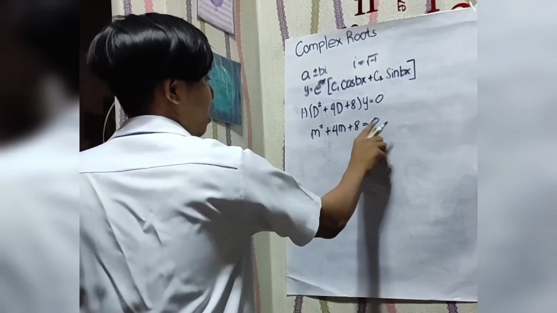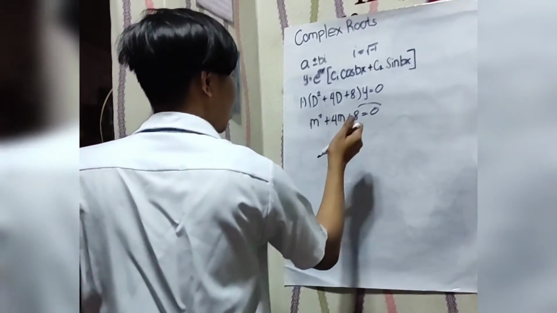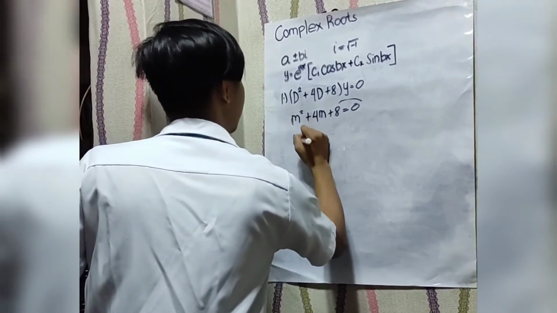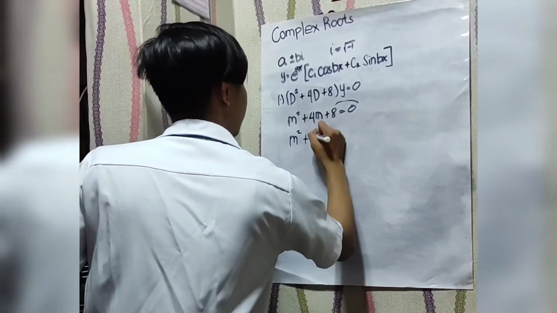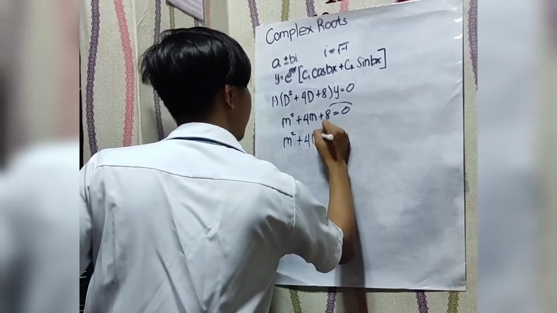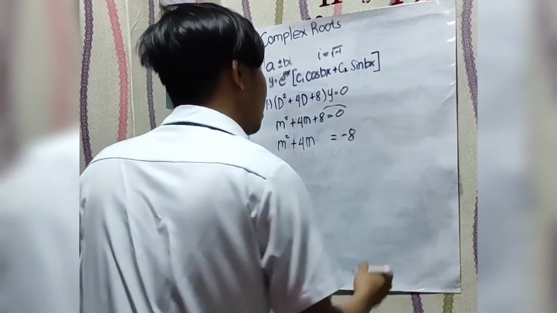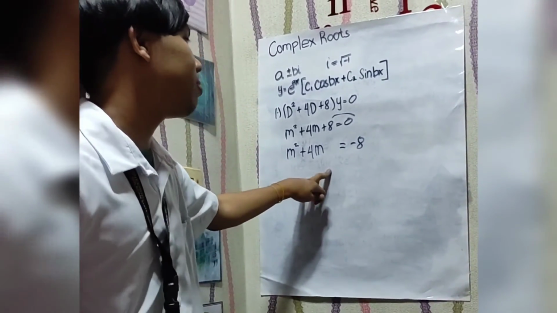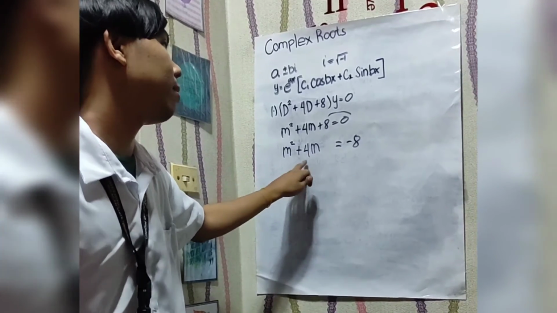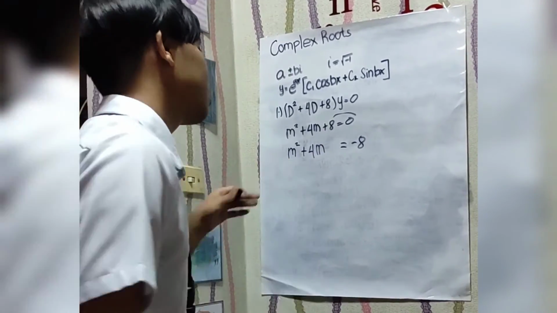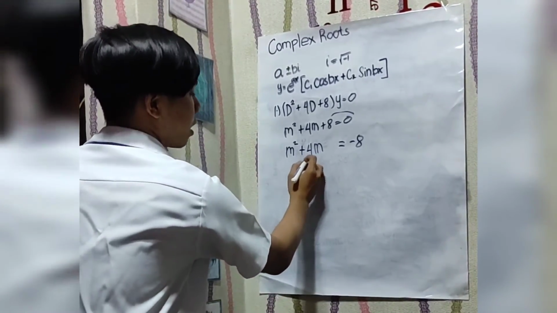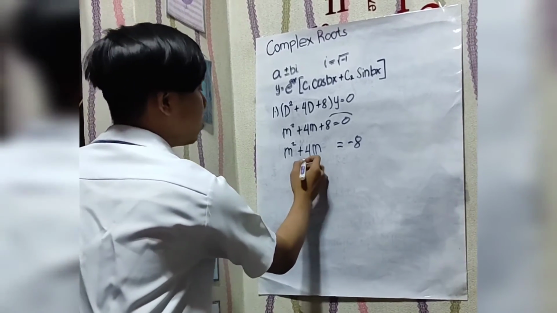Para po sa mas madali po, yung completing the square. Paano po yan? Lilipat po natin to dito sa kabila. So, m squared plus 4m is equals to negative 8. Mag-aano po tayo, magpa-plus po tayo both sides para maging perfect square. I-divide po natin tong middle term sa 2.